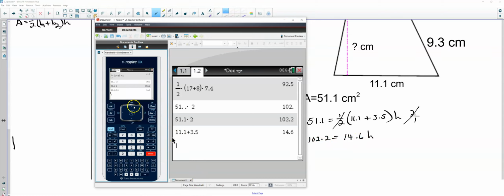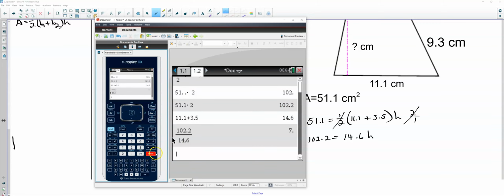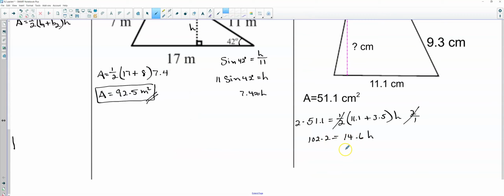So hey, in the calculator I could do this, the 102.2, enter, divided by 14.6, enter. That is 7. So the height is basically 7 because you're dividing 102.2 divided by 14.6. Okay, so here is my height. So the height equals 7 centimeters, and that's the answer.